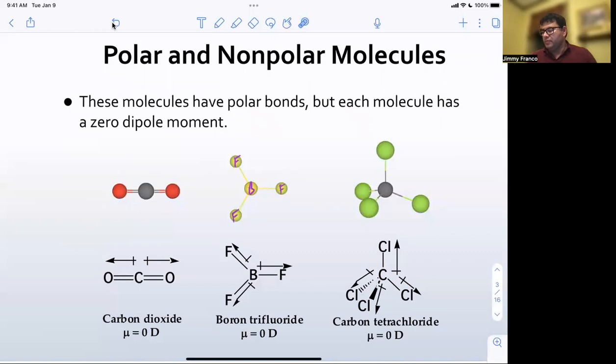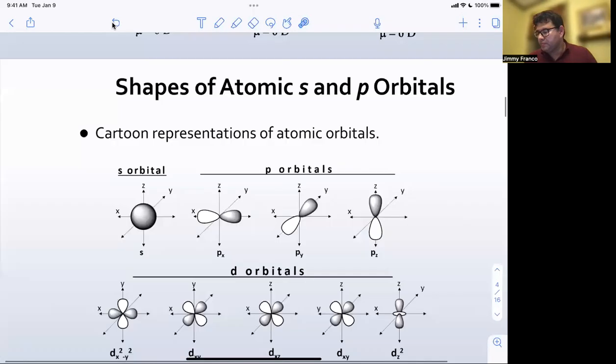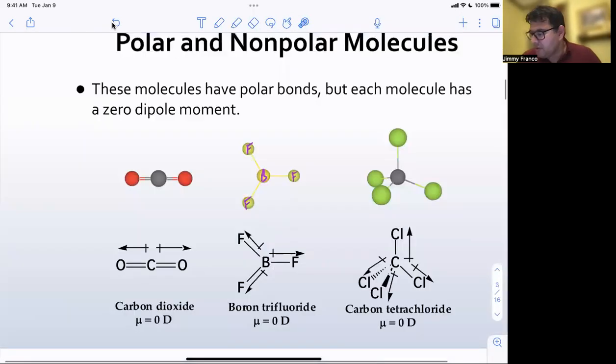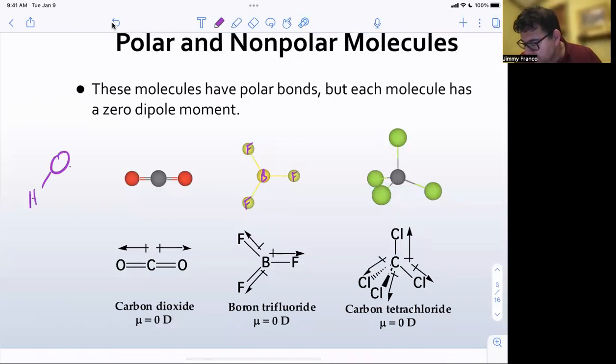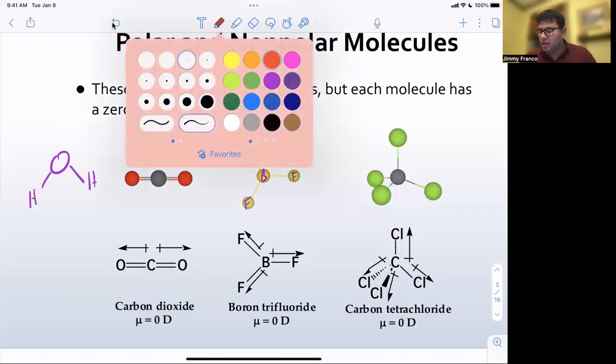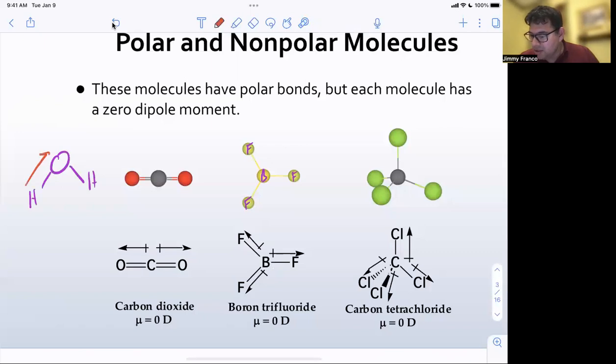All right. So if we have something like water, on this one, the oxygen is more electronegative, so it's going to go towards the oxygen. Same thing on this one. It's going to go towards the oxygen.